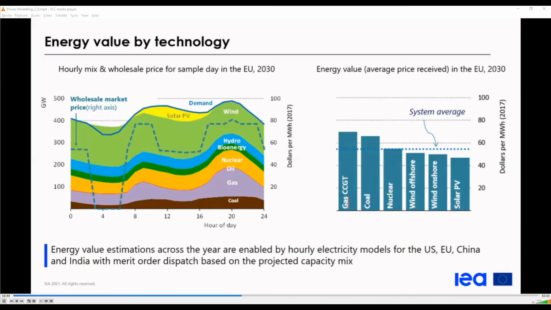Now, keep in mind that this is an example, and this is very specific to the European Union demand and supply pattern. It would look very different in a system where the demand peak is more aligned to, let's say, solar output.